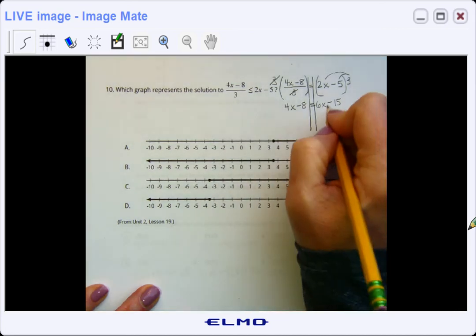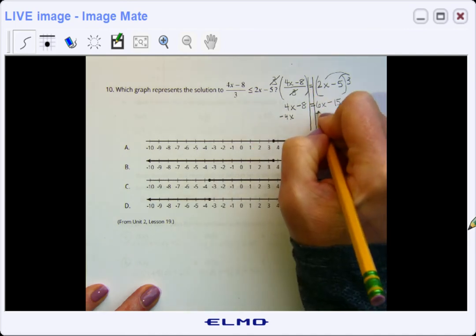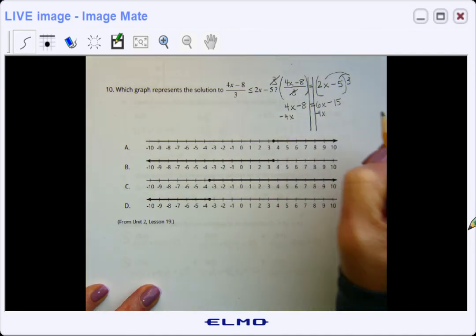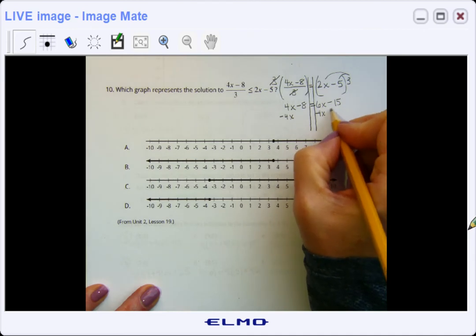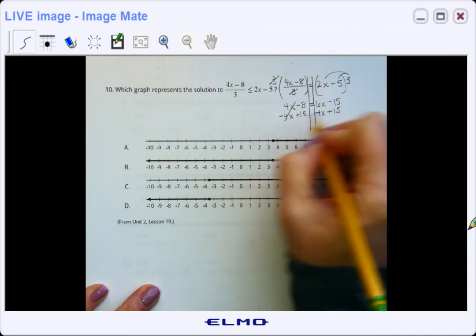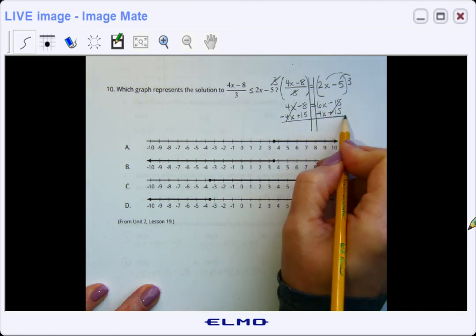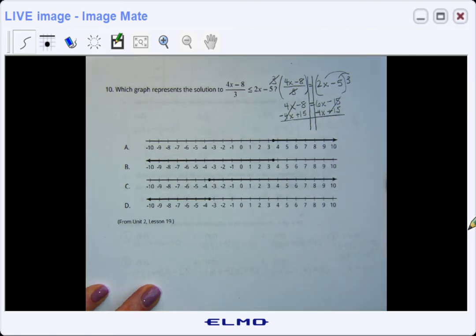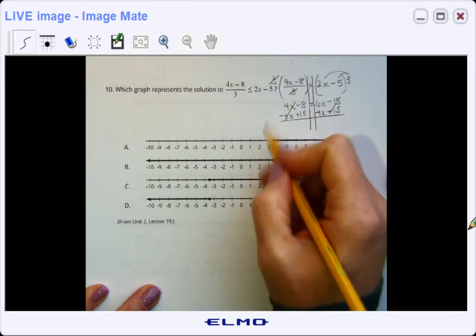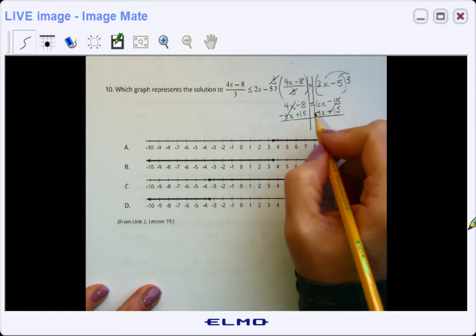And next, I would maybe move the 4x over to that side by subtracting, and then move the minus 15 to the left side by adding. Remember, we want to keep it balanced, using opposite operations and making sure you have numbers on one side of the equal sign and variable terms on the other.